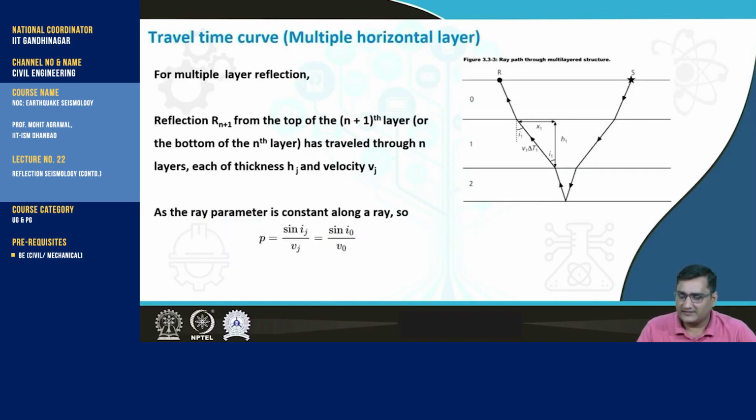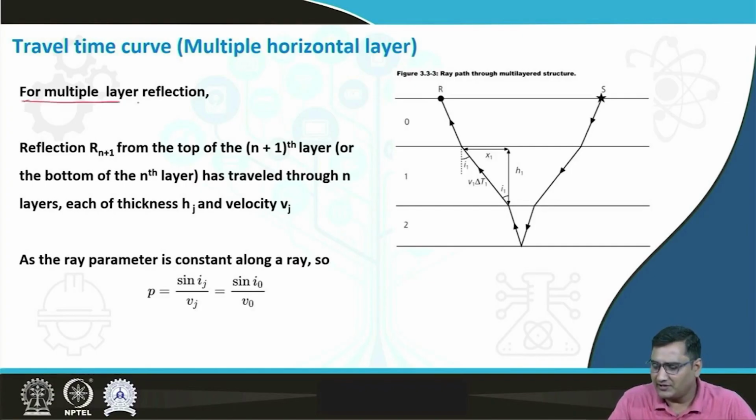Now we can extend this idea to the case of multiple horizontal layers. For multiple layer reflections, we are showing just a 3-layer case here.